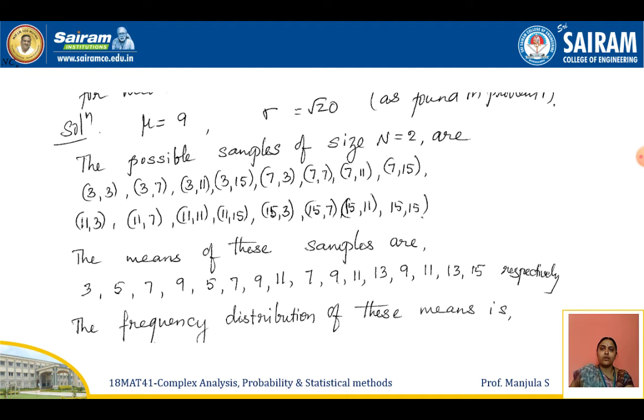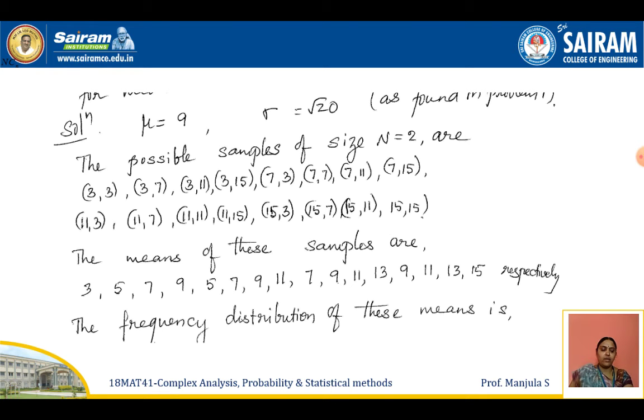For the first pair, 3 plus 3 is 6, divided by 2, so the mean is 3. Similarly we find them up to the last, 15,15. The means of these samples are 3, 5, 7, 9, 5, 7, 9, 11, 7, 9, 11, 13, 9, 11, 13, 15 respectively.